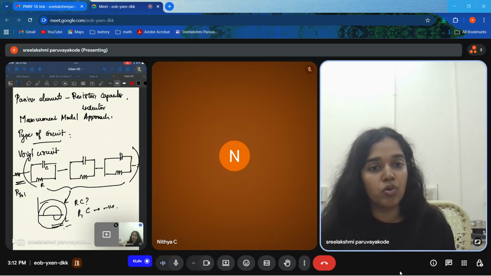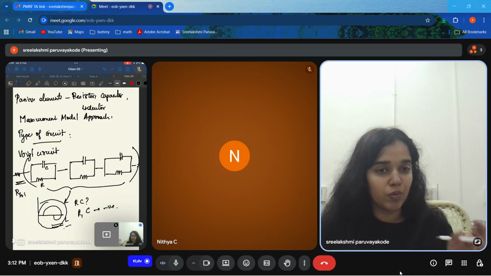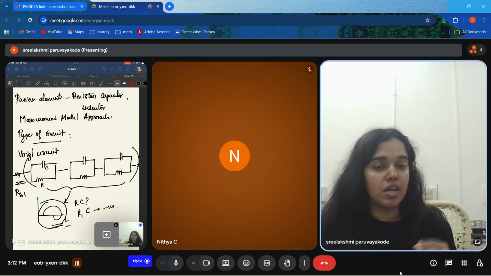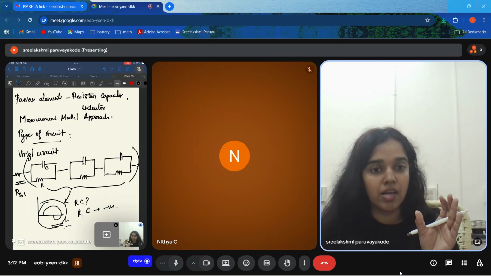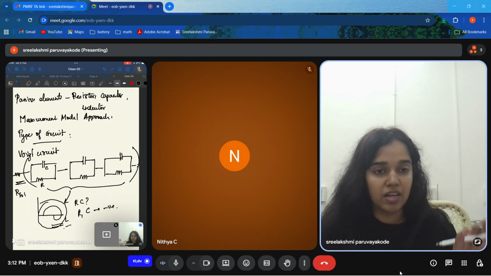Obviously, if I add more and more, the fit may improve. But when can I say that these many are not needed? Visibly we can say with the fit, but apart from that, we should look at the error. As you keep on adding elements, is there a reduction in the error? Or are those elements having very high error? That determines whether it is actually needed or not.